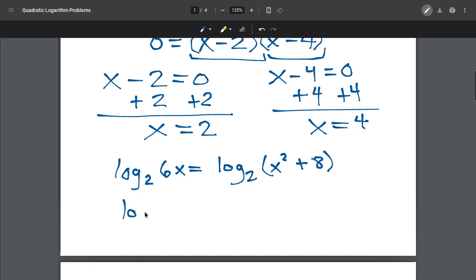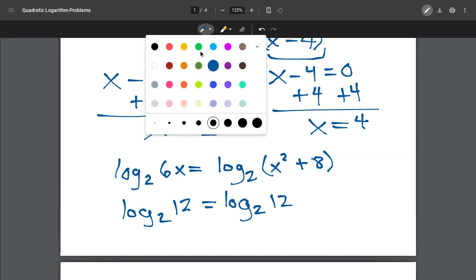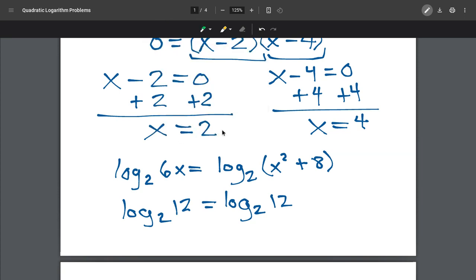Does log base 2 of 12 equal log base 2 of 2 squared, which is 4, plus 8? Yes, 4 plus 8 is 12. So we do have a winner. Let's give it a green check here. So x equals 2 does work.